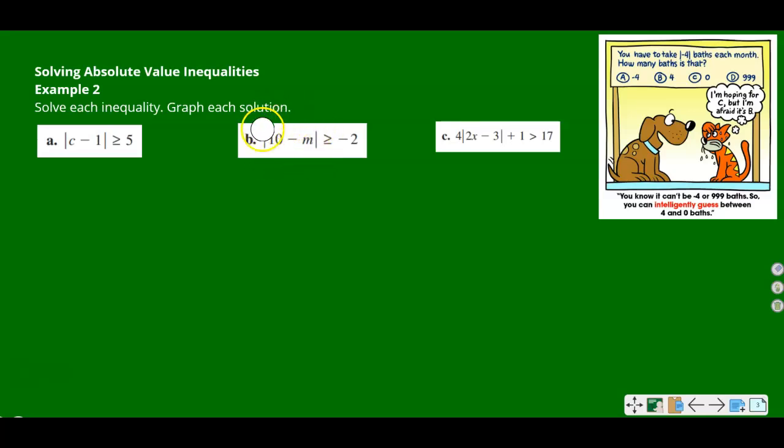So because you have an absolute value of anything greater than or equal to a negative number, this is true already. This will always be true.